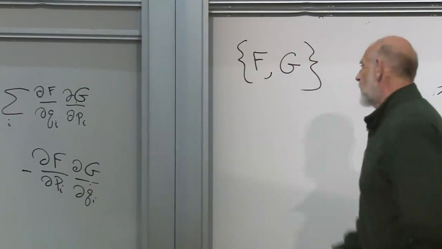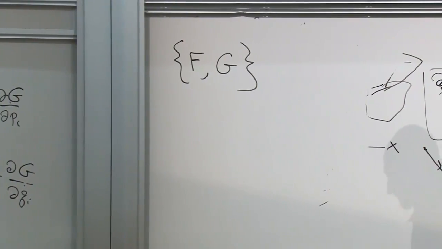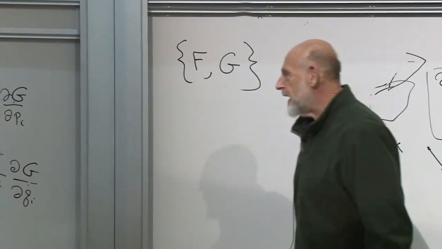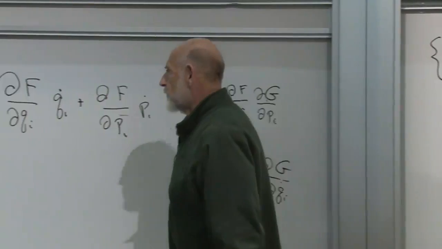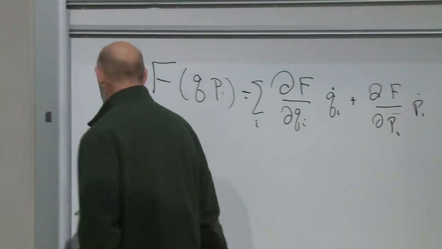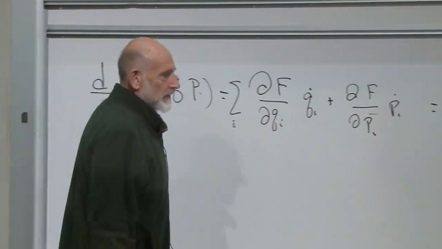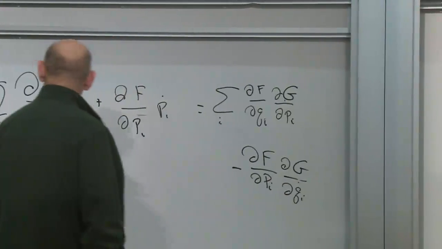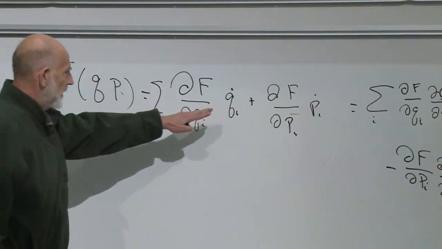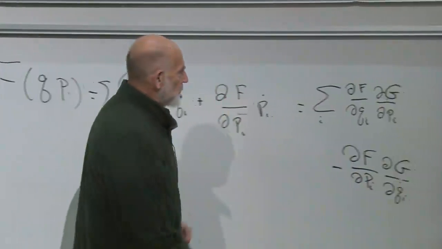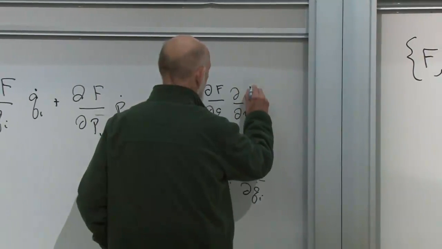We're going to write, it's the Poisson bracket of f and g. But now we have a new way of writing Hamilton's equations and everything about the system. And the new way of writing it, here it is. We'll go back now and call this h. Let's call this h again.